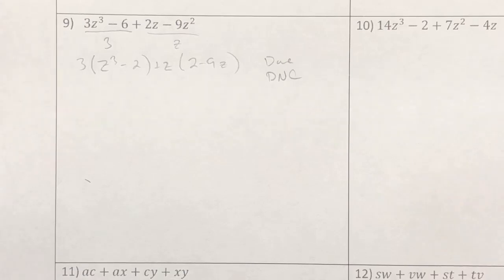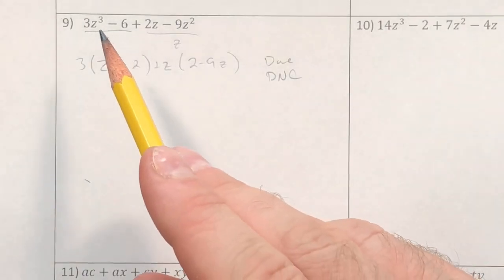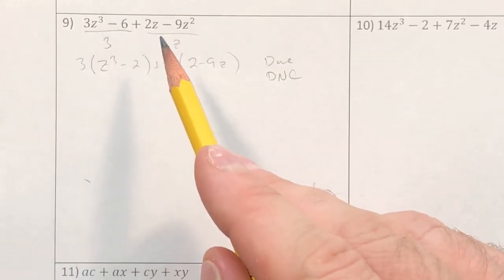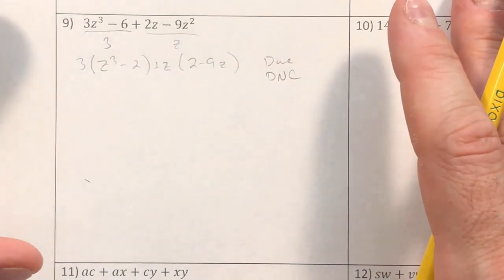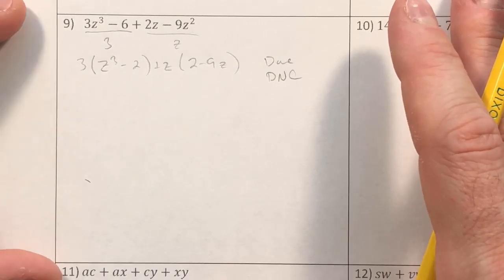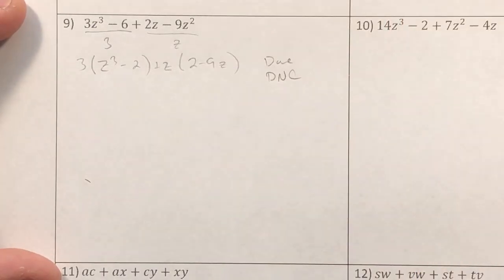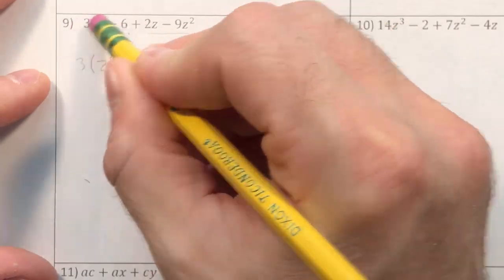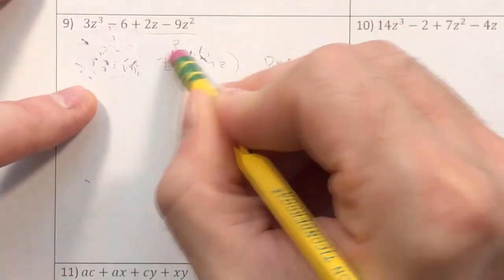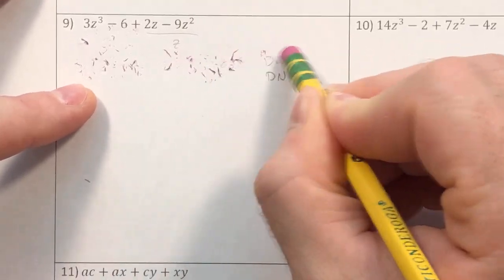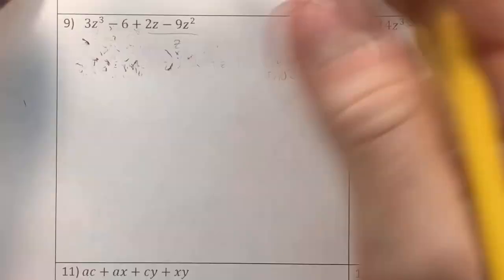But take a look at what's going on here. We have a z cubed, followed by a constant, followed by a z, followed by a z squared. One of the things you'll hear often in specifically a math course is they'll talk about alphanumeric ordering, which basically means put the terms in the right order and things tend to work out a little easier. So let's get rid of all this because this actually does compute.